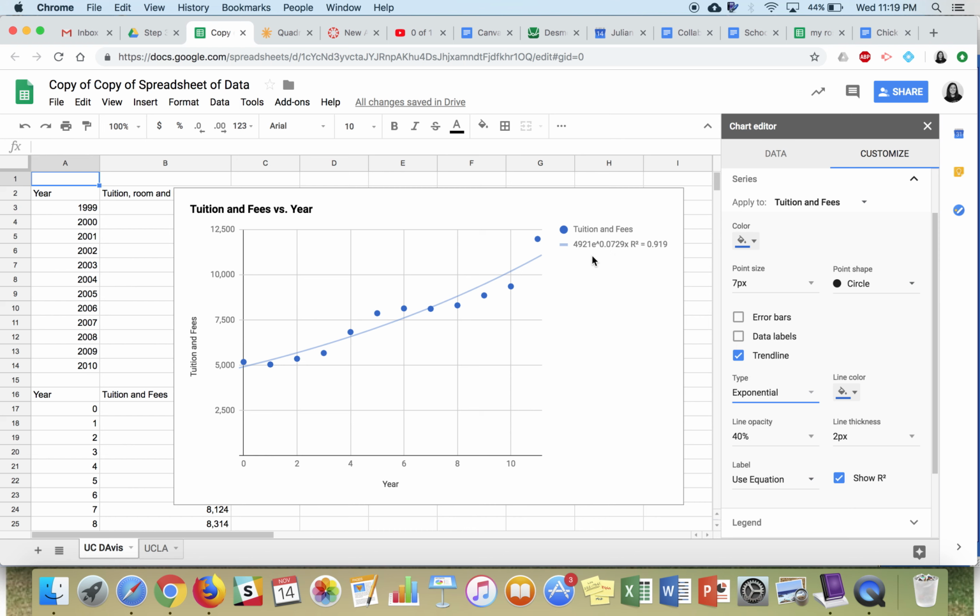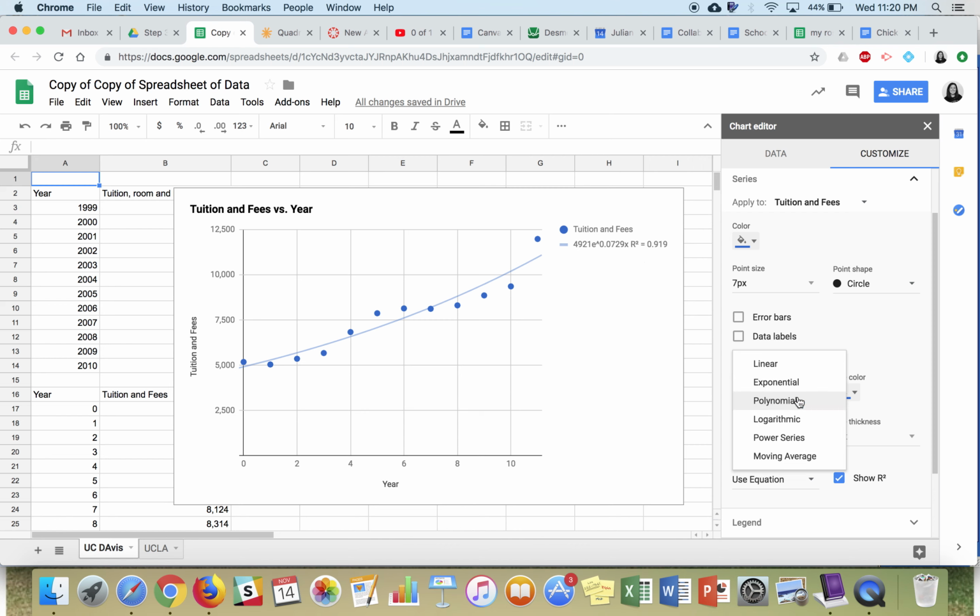So we know from our first unit that this is our starting amount, and our rate of growth is about 7%. So it's continuously growing at a rate of 7%. And my r squared value for this one is 0.919, so about 91, 92%. So I can see that that's a little bit better.